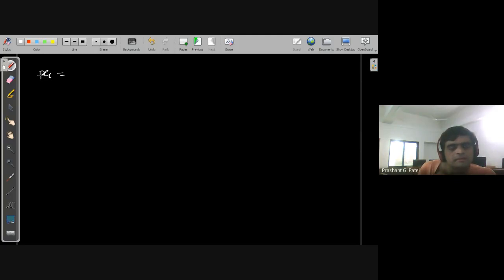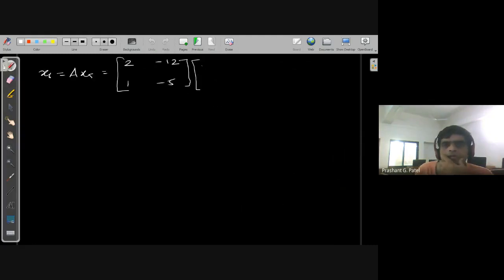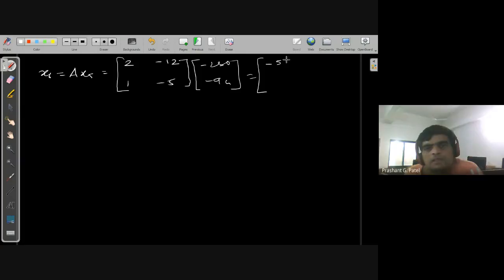Now let's do one more iteration. That is x6 is A x5, which gives me the matrix 2 minus 12, 1 minus 5, times the vector 280, 94. So it is 2 into 280, which is 560, plus 12 into 94, which is 1128.